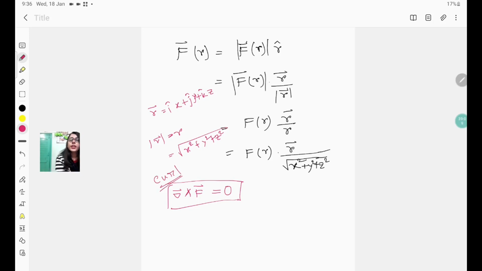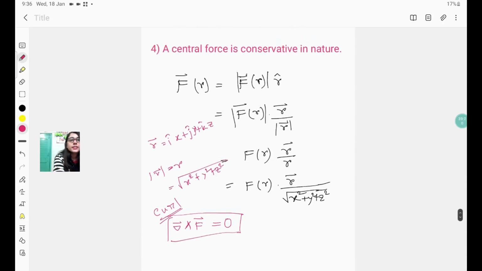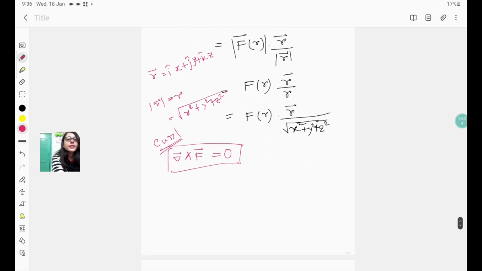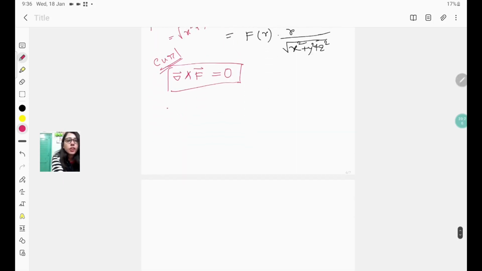If it is 0, then we can make sure that this force is conservative in nature. Now, what is the del operator? Basically, the del operator looks like i cap del x plus j cap del y plus k cap del z, right?